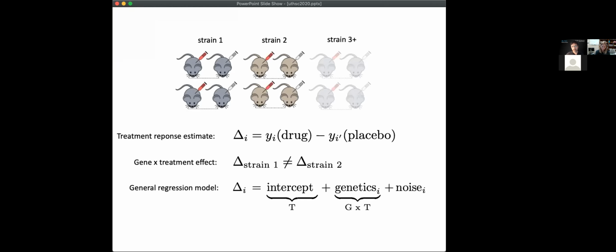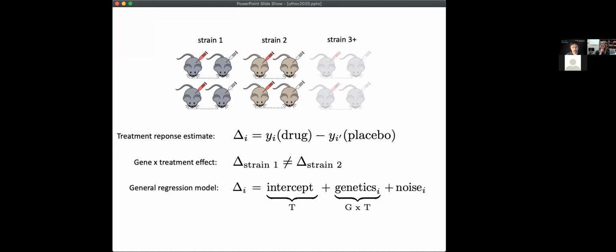That forms the basis of a more general linear model or regression model, where you can model the deltas of these different strains, and you can have an intercept, just like an overall difference, plus a genetically induced difference, and genetics here might represent a SNP or a haplotype or even strain itself, and that would be the gene by treatment effect.